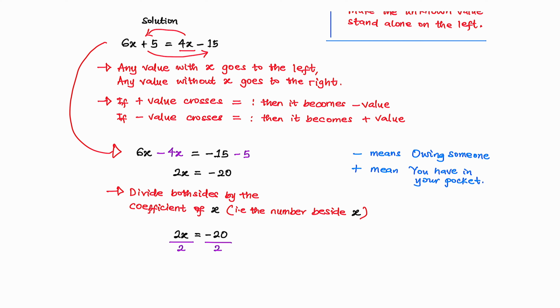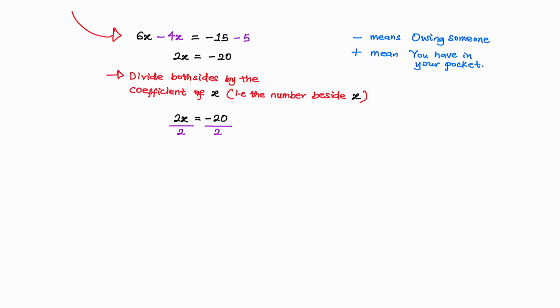This is the concept of dividing both sides with the coefficient of x. So simplifying, we have 2x divided by 2 equals minus 20 divided by 2. These 2 at the denominator here will cancel these 2 at the numerator. We are left with x.